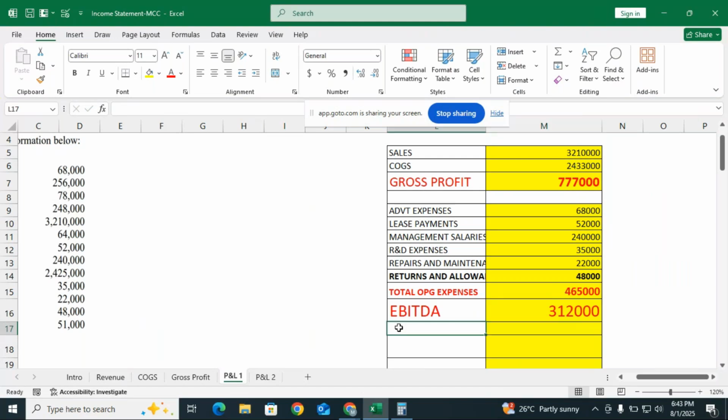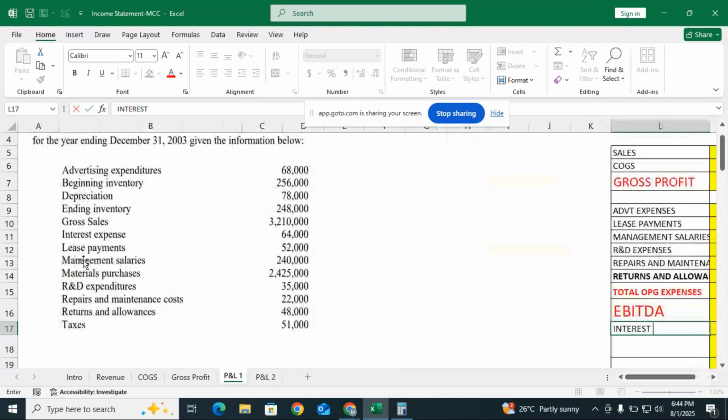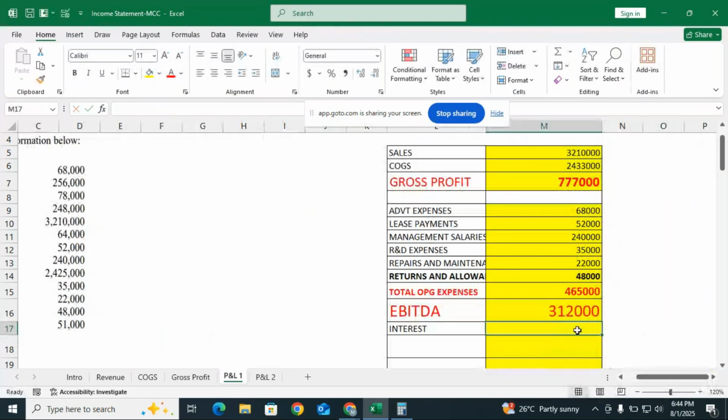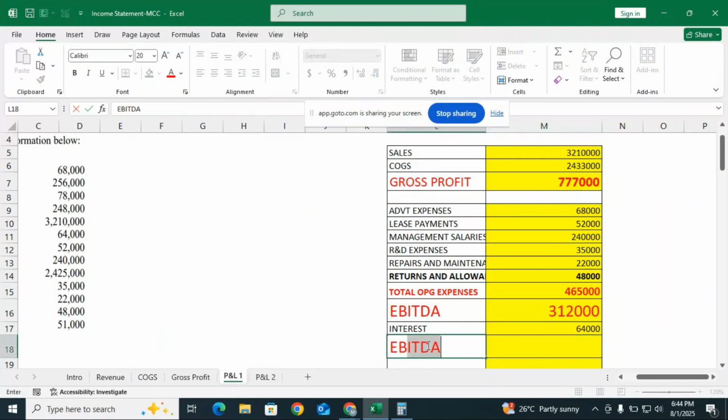And out of this, the first thing which you're going to take off is your interest. You come accordingly. I stands for interest, T stands for tax, DA stands for depreciation. So minus interest. Okay. So what is the amount of interest involved here? It is 64,000. Okay, so here you arrive at the EBITDA.